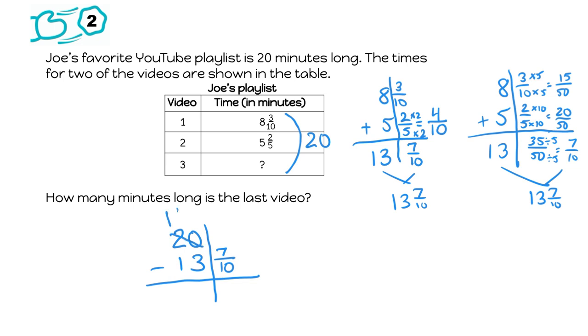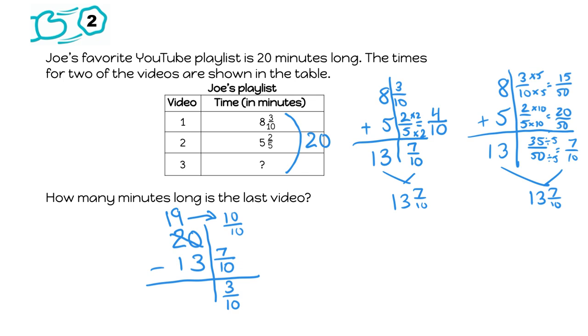With 20, we're going to take 1 pizza from Bob. And when we bring that pizza over, since we're wanting to subtract out 7/10, we're going to cut it into 10/10. So 10/10 minus 7/10 is 3/10.